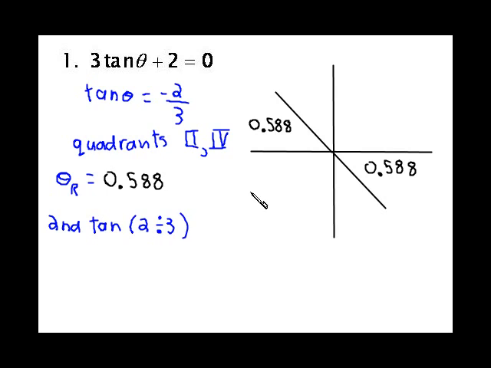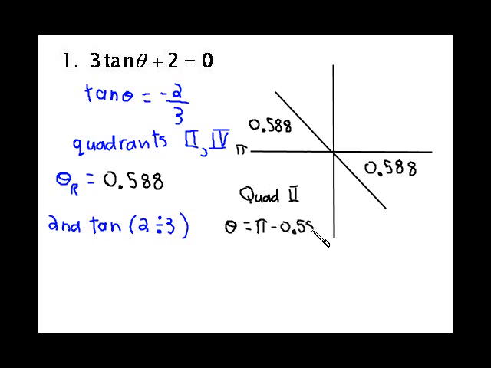And all you have to do now is for both of those quadrants, so quadrant 2, in order to get our rotation angle, theta would be equal to pi, because pi is right there, minus 0.588.